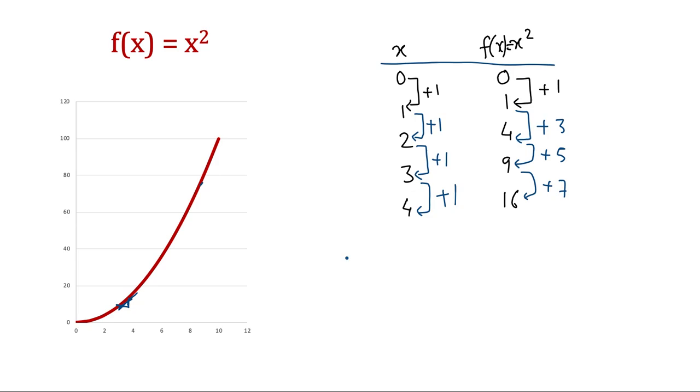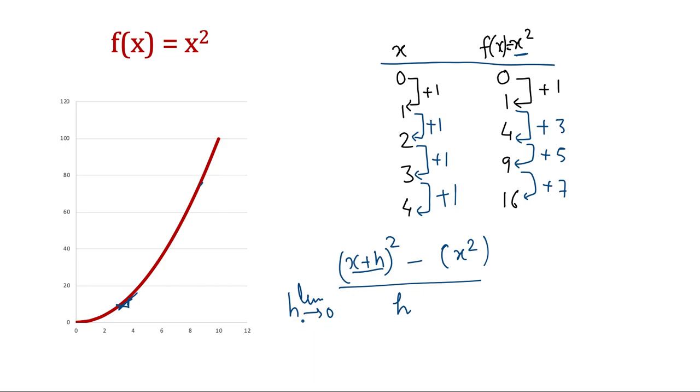Now let's use first principles here. So (x plus h) squared minus x squared. f(x) is x squared, so I change x to x plus h, whole squared, divided by h, and h is again infinitesimally small, and the way to represent that is the limit as h goes to 0.